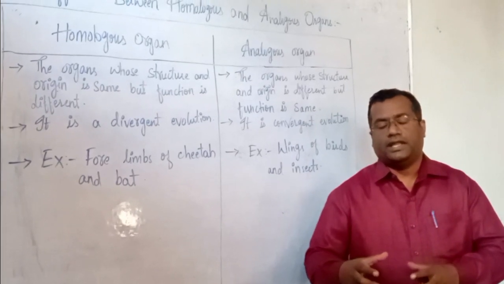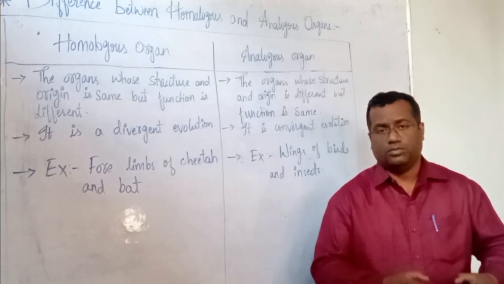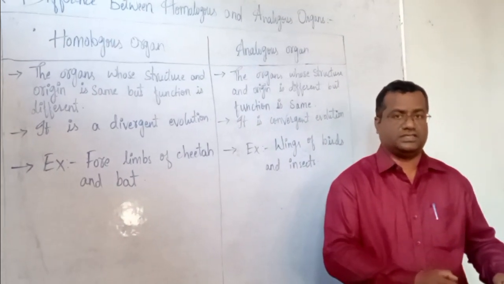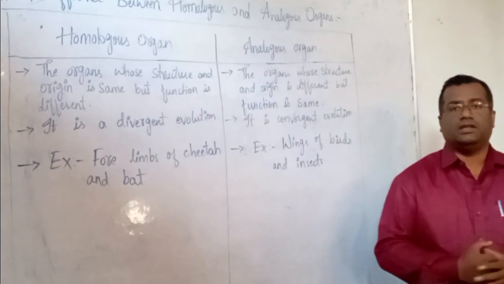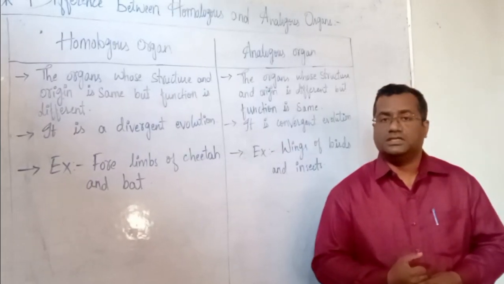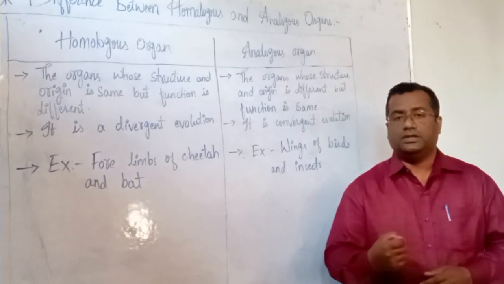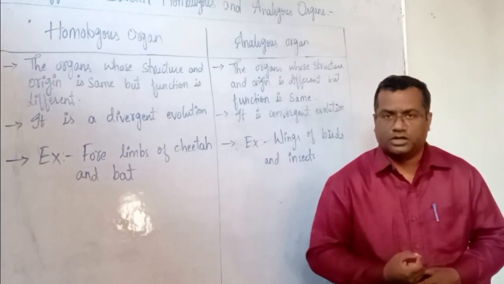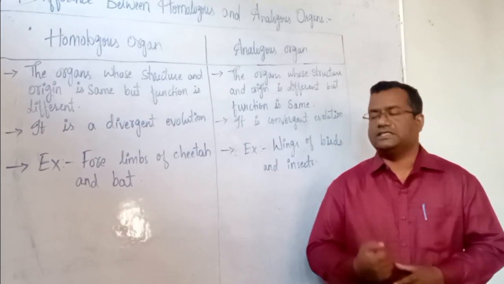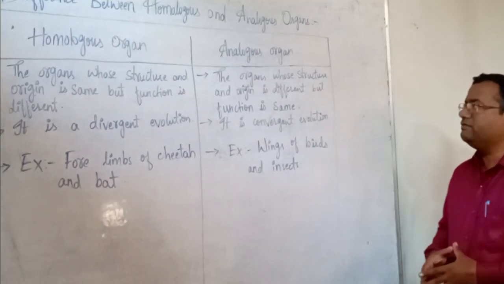Here, the anatomical, the internal body organ structures, show the similarity and dissimilarity between species, and that is the indication that these two species are related to a common ancestor. So let us understand the anatomical evidences regarding evolution.